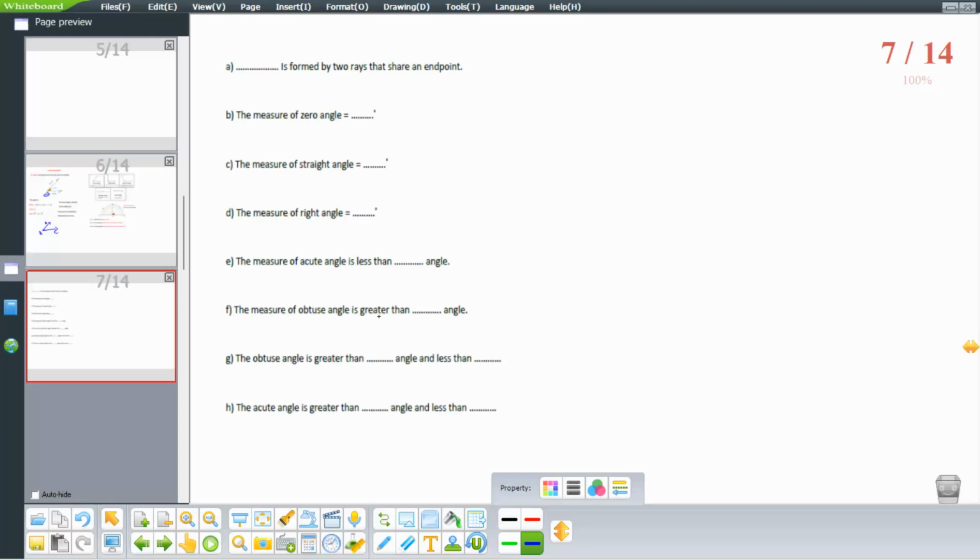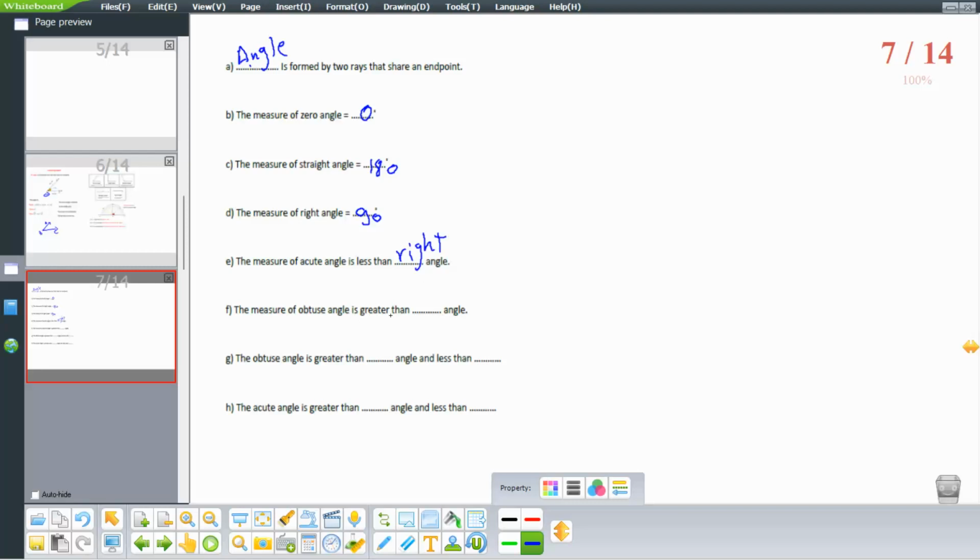Okay, let's complete. An angle is formed by two rays that share an endpoint. The measure of the zero angle equals 0 degrees. The measure of the straight angle equals 180 degrees. The measure of the right angle equals 90 degrees. The acute angle is less than the right angle.